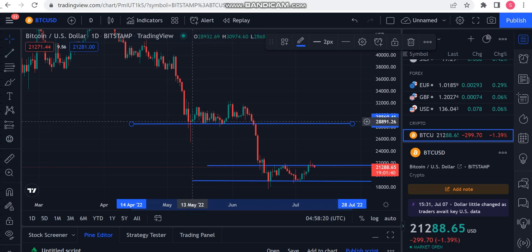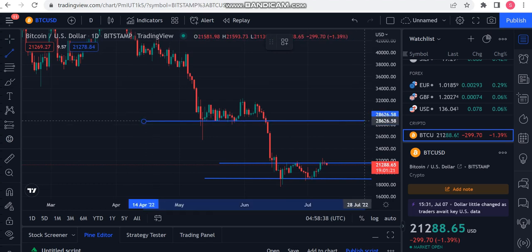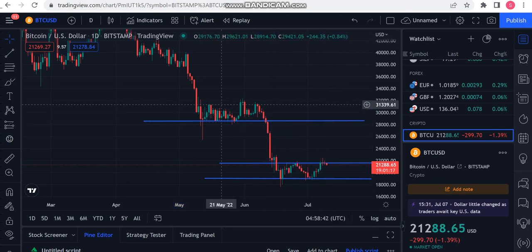You can see there are so many bounces in this area that, even without this line, you can totally see that this is a support line, because this is a particular level from which the price bounces right back off. And I'm going to talk about how the support line is broken in a bit.